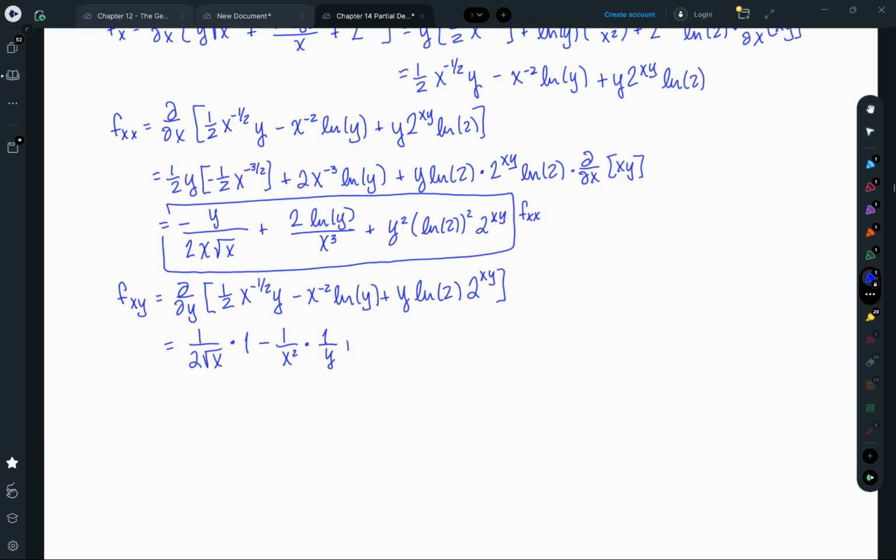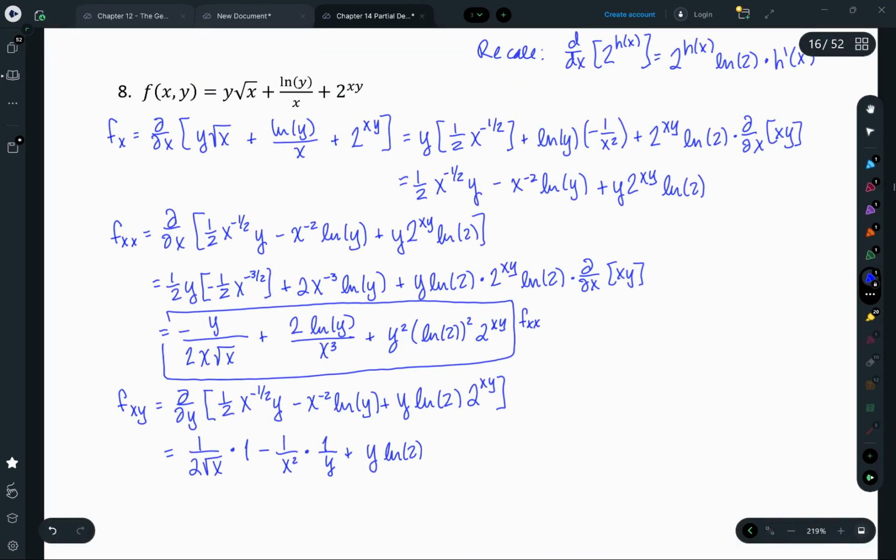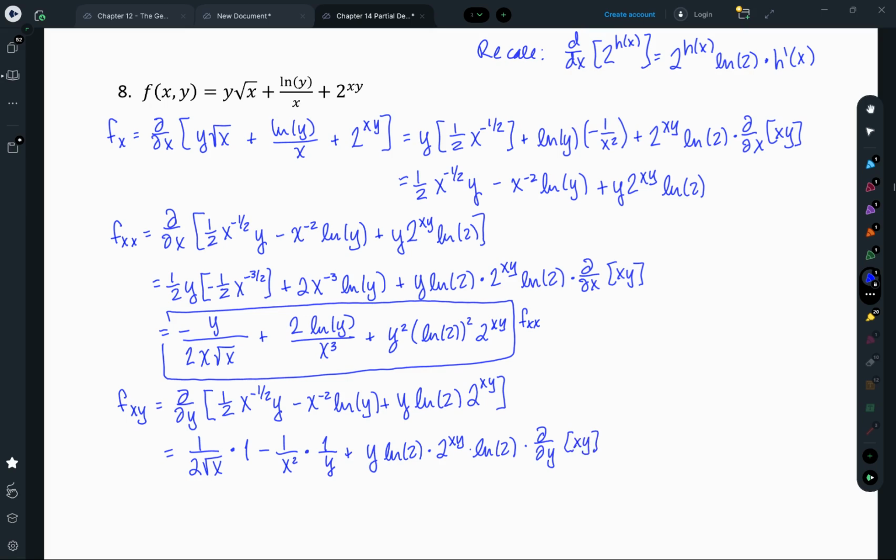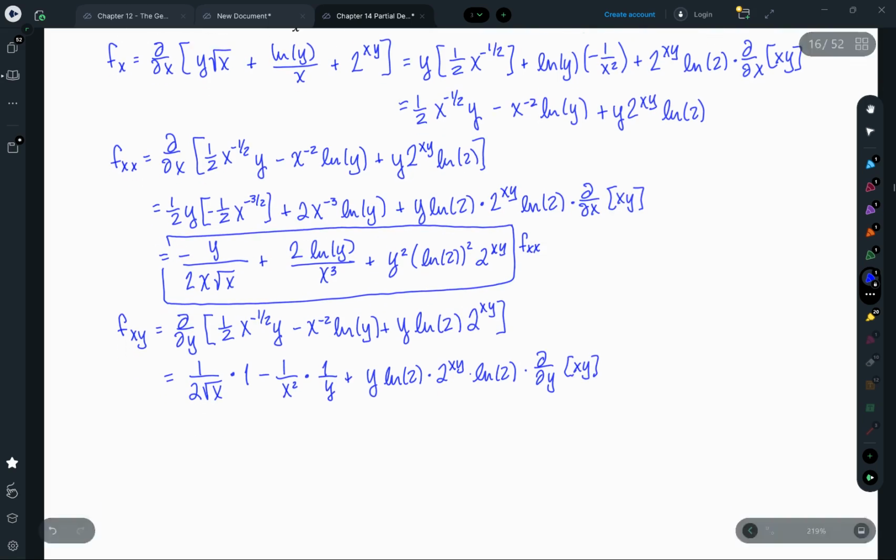And then plus, I have my y ln of 2 times the derivative of 2 to the xy. We're going to go with what we have up at the top again. So we'll get times 2 to the xy times ln of 2 times del y of xy. All right, this will clean up quite a bit.